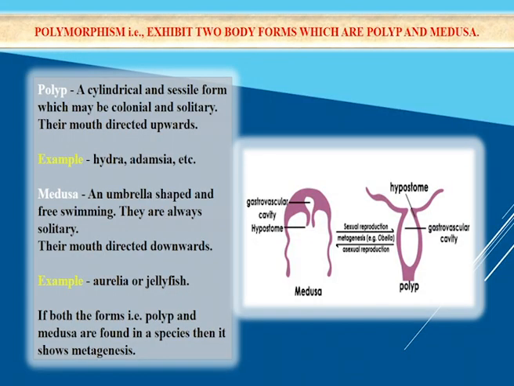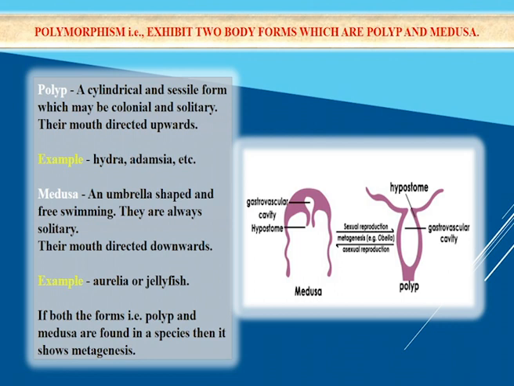The polyp is a cylindrical and sessile form, a stationary form attached to the surface. Sometimes these live in colonies, together, or sometimes they are solitary, living singly, and their mouth is directed upwards. As we see, a cylindrical structure with the mouth at the top and a number of tentacles, as in Hydra and Adamsia, and the medusa form.